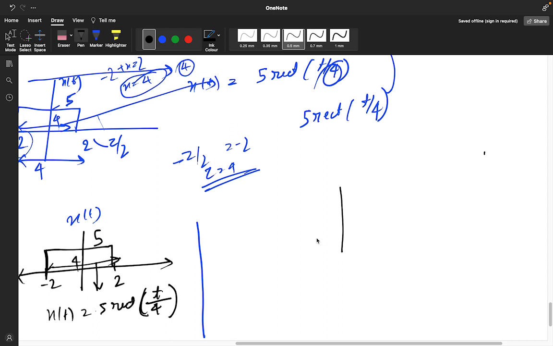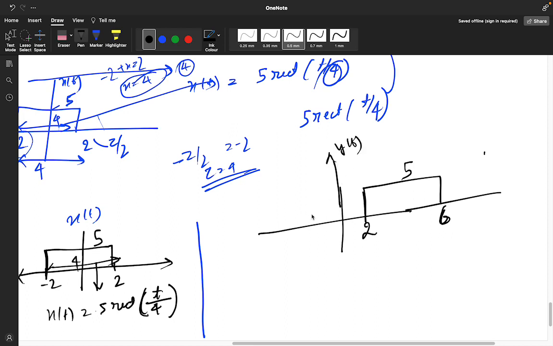So we need to make a curve like this, from 2 to 6, with value 5 only. This is my y of t. What are we doing? We are shifting: we add 4 so that 2 becomes 6.